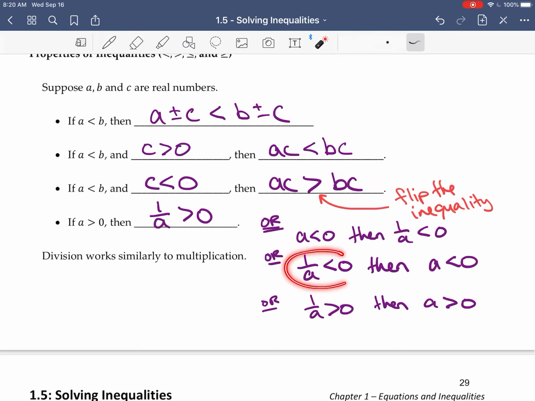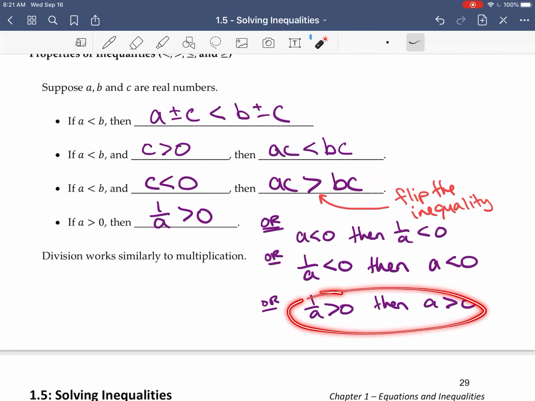So let's just talk about this one here. If 1 over A is less than 0, this is a fraction, so you know that it's positive or negative depending on whether the top and bottom are positive or negative. And here, the top is definitely positive because it's 1. So that means that the only way this number is negative is if the bottom is negative, because a positive divided by a negative gives a negative. Similarly for this one as well.